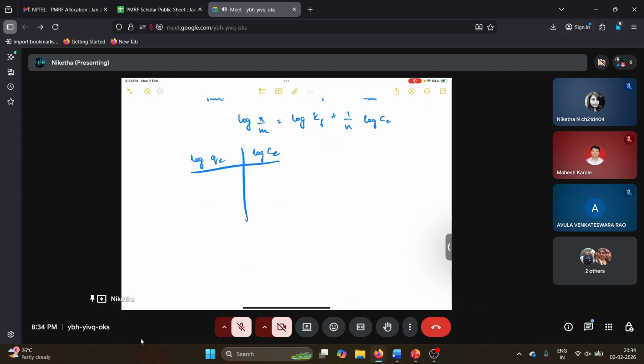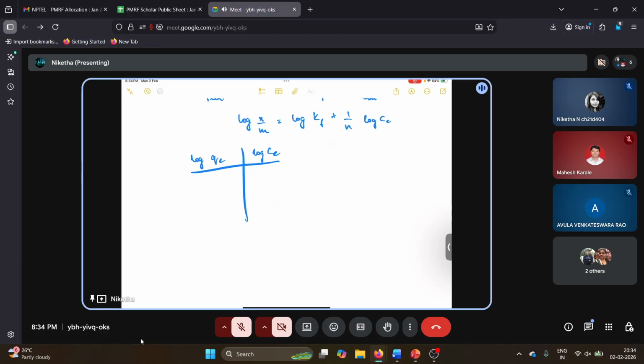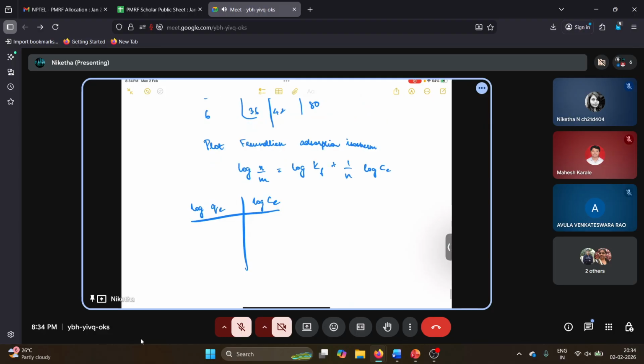Once you find the log of Qe and log of Ce, you will get a set of values, and you have to make a plot on Excel. Your x-axis will be log Ce and your y-axis will be log Qe.